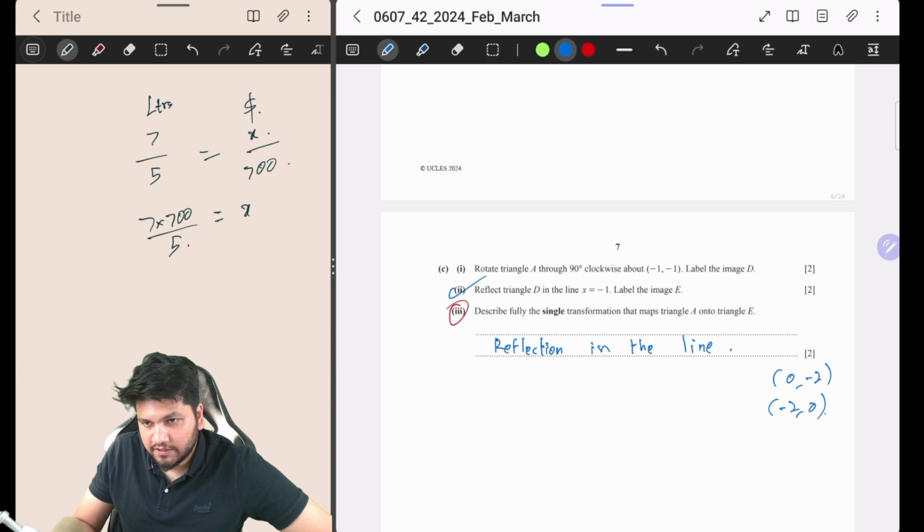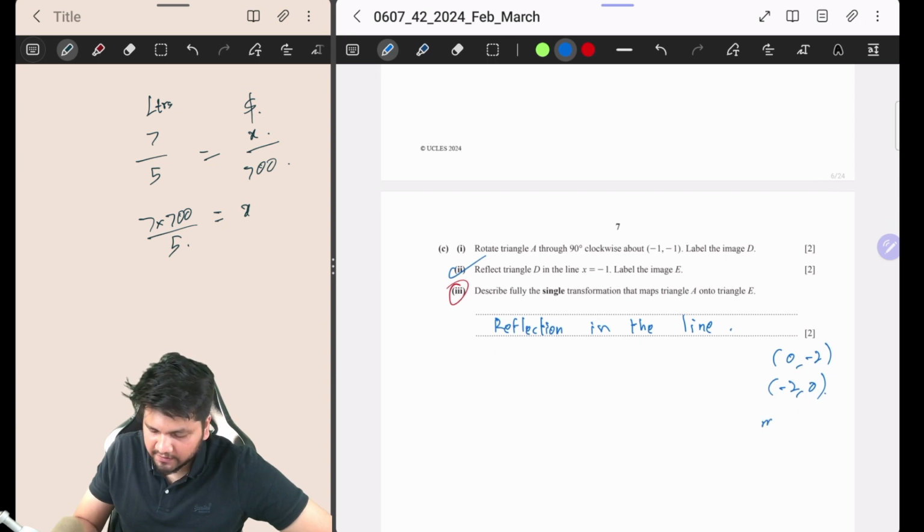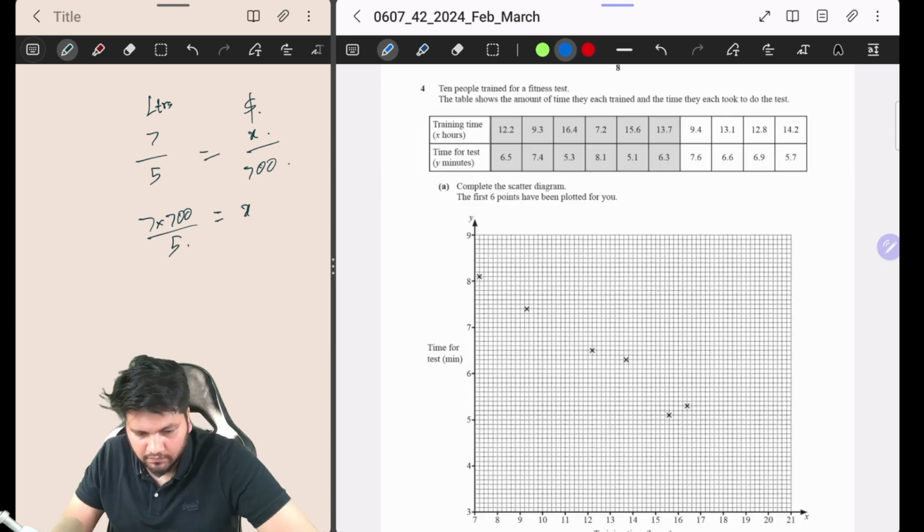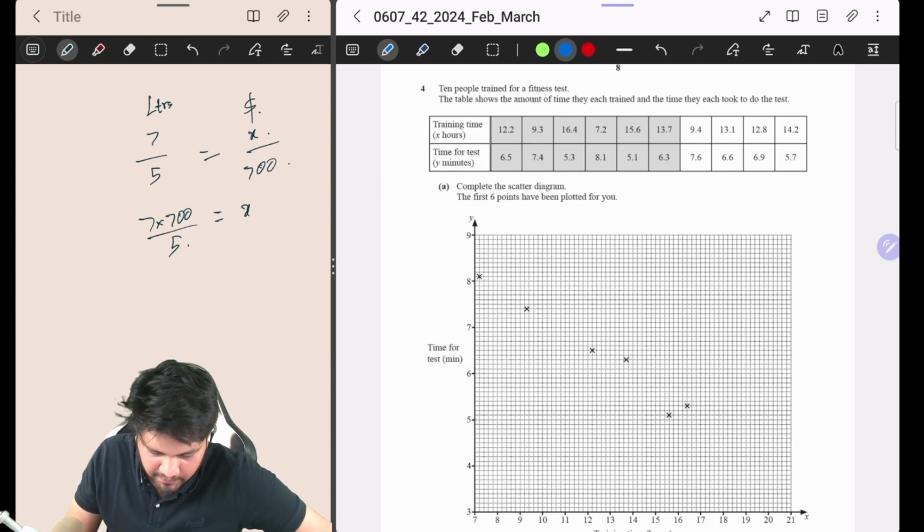Here obviously you can use the gradient formula. The gradient is -1 and y = -x, and the y-intercept is going to be what? -2. So the line is y = -x - 2. That's going to be the transformation for this one. Let's move on to the fourth one.